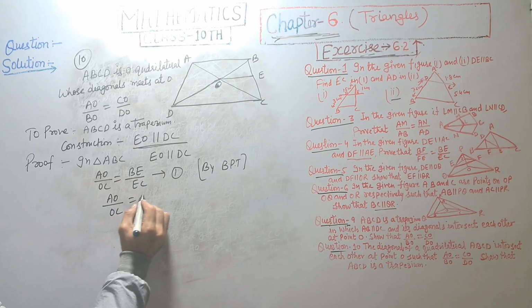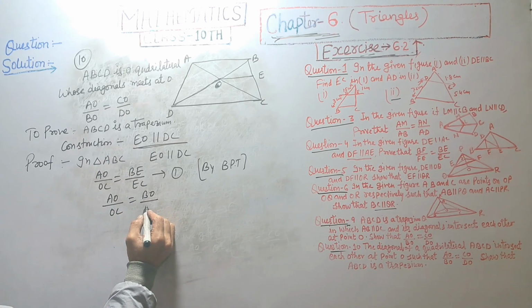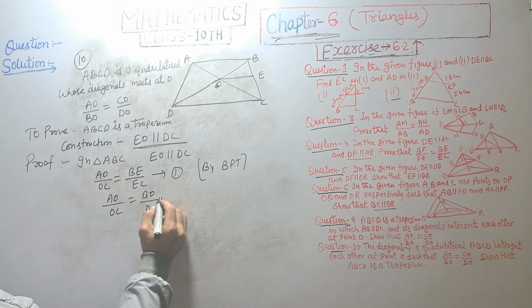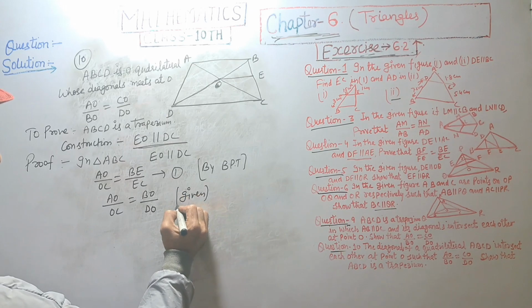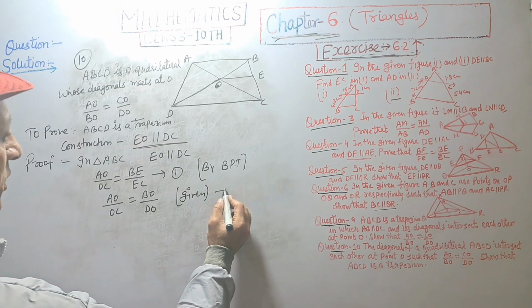AO upon OC is equal to BO upon DO, given. It's equation second.